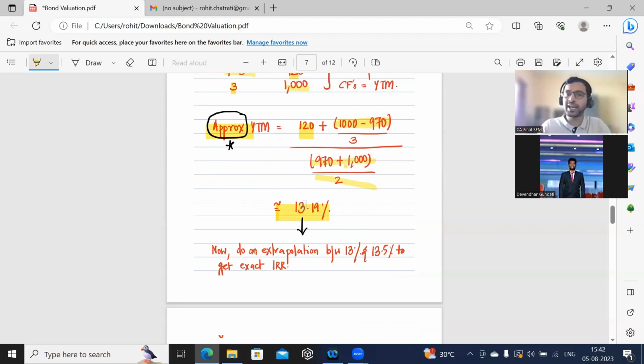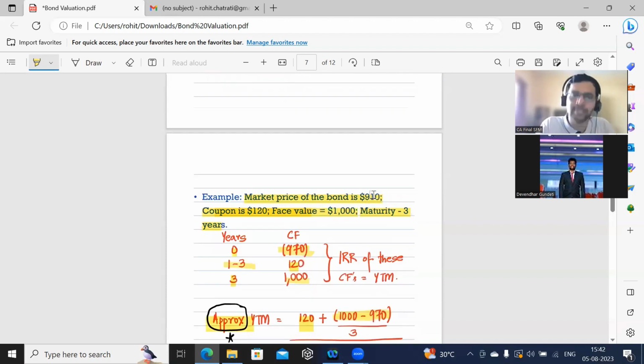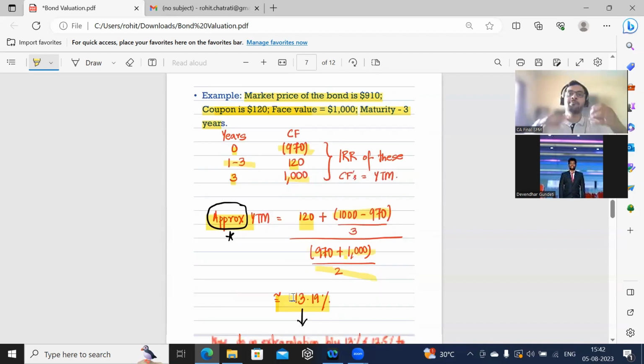All right, if you buy the bond today at $970 with a coupon of $120 and a face value of $1,000, the return that you're basically earning in this bond is 13.19 percentage. I, as a company, am only giving you $120.